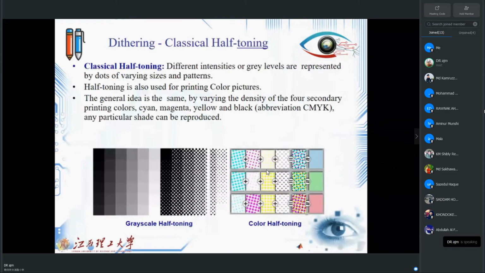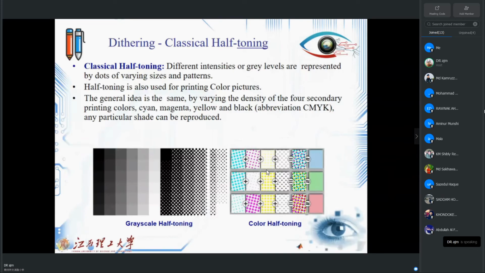Then classical halftoning is another method in which different intensities or gray levels are represented by dots of varying size and pattern. This halftoning is also used for printing color pictures, which is nowadays one of the fantastic jobs people do. The general idea is the same: varying the density of four secondary printing colors, cyan, magenta, yellow and black, abbreviated as CMYK.